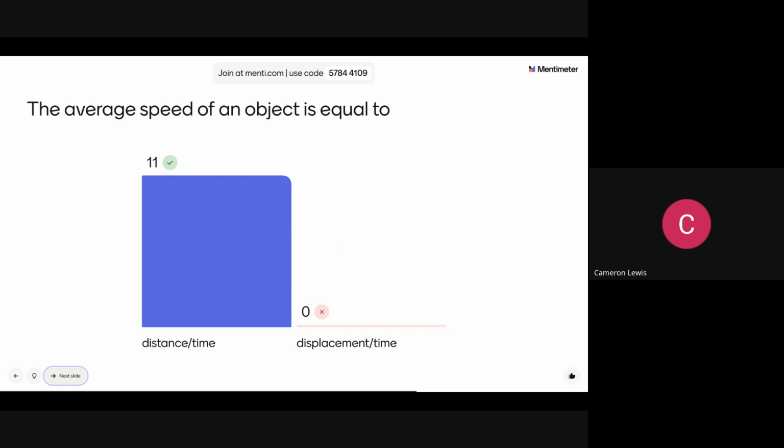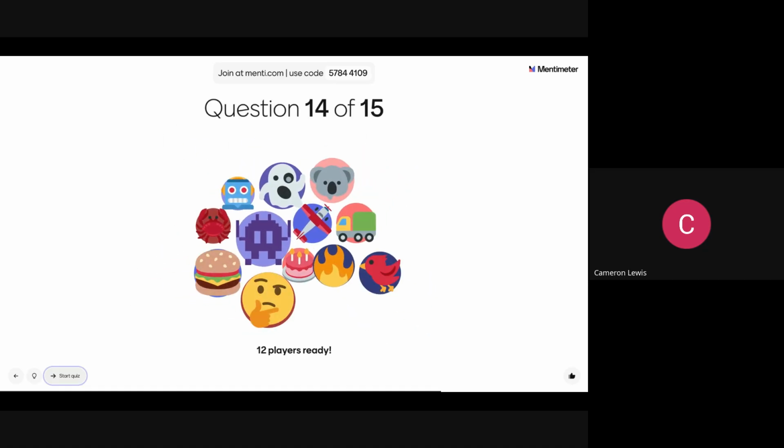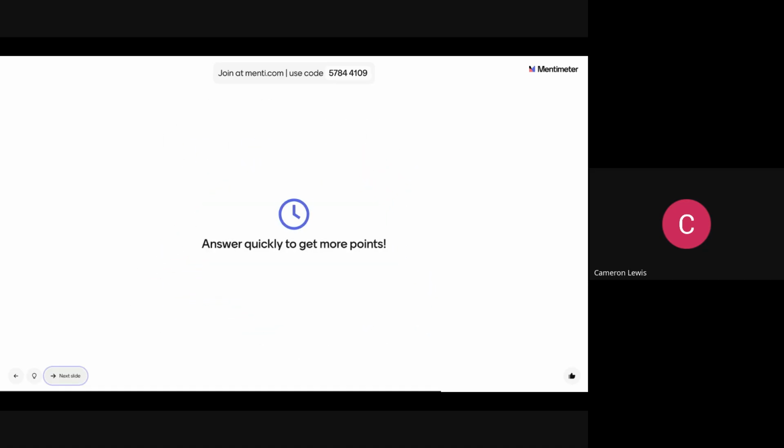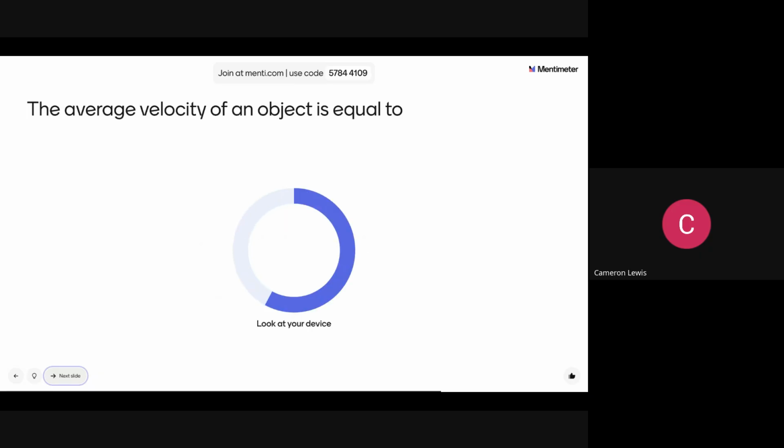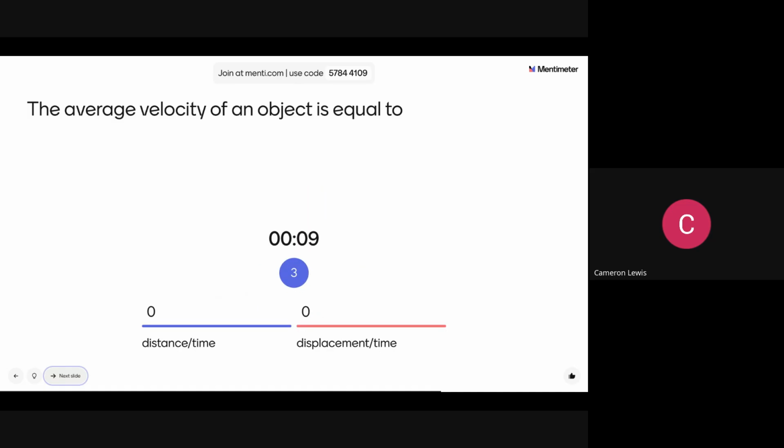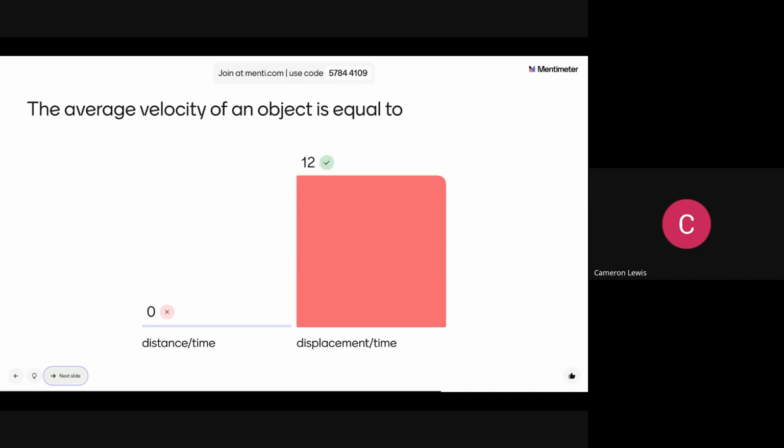The scalar distance. So average velocity of an object is equal to the distance over time or displacement over time. Scalars go together, vectors go together. 100% correct again. Good job. Displacement over time.